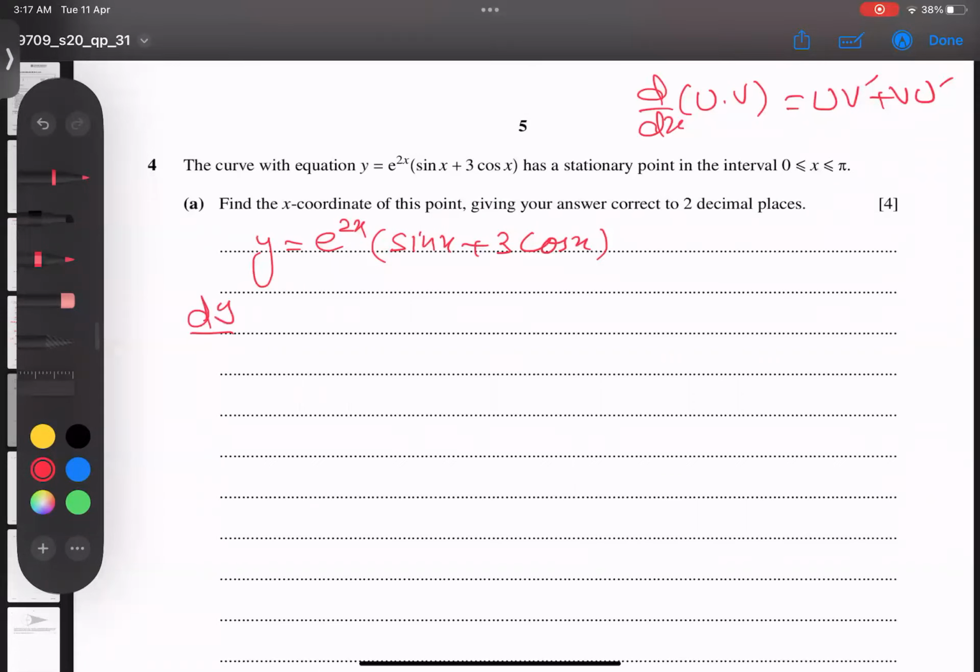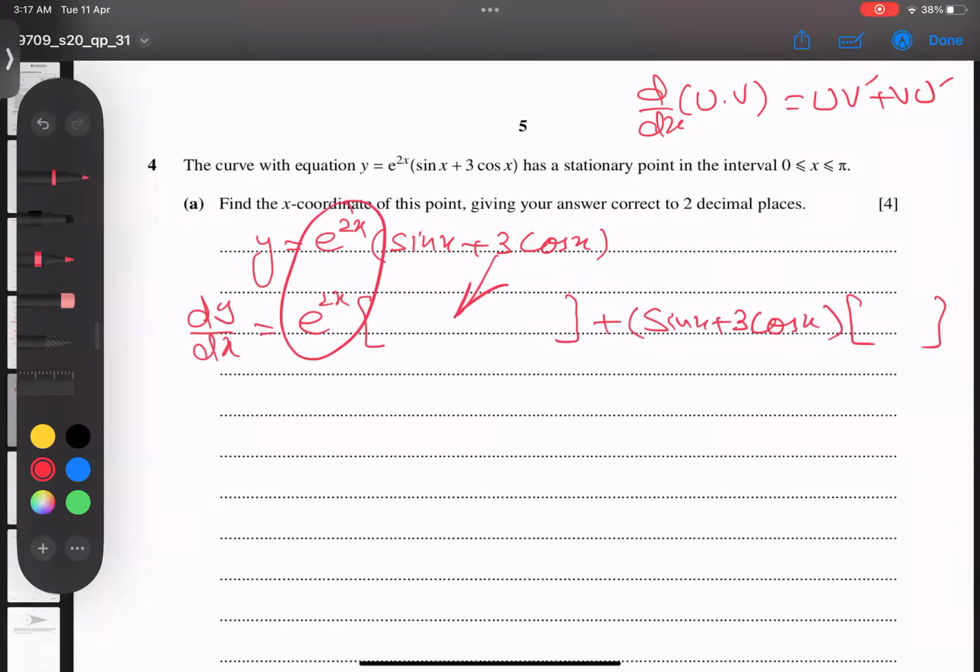So e to power 2x copy and derivative of this, plus sine x plus 3 cos x copy into the derivative of the u.